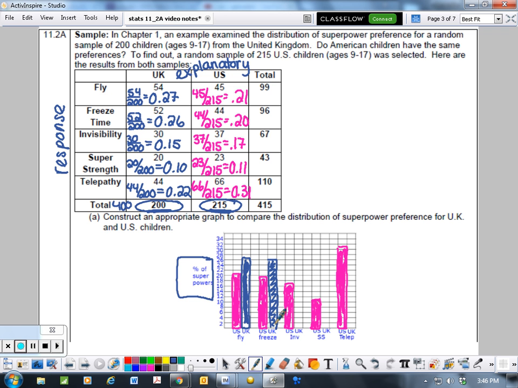And then for invisibility, 0.15. So pretty close, not a lot of difference. 0.10. And then 0.22.